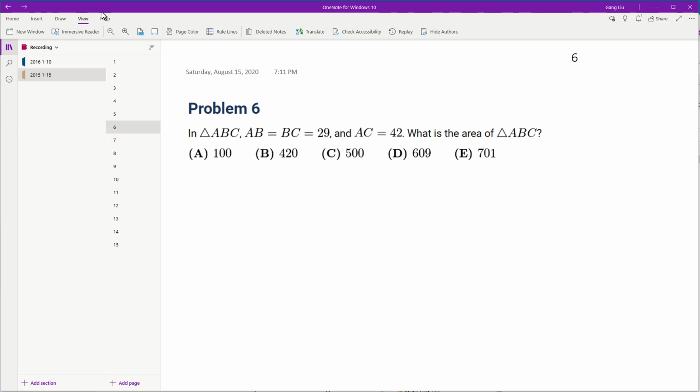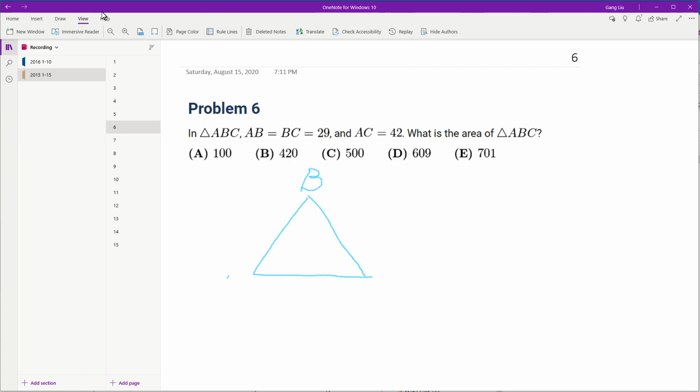Problem 6. In triangle ABC, AB equals BC equals 29 and AC equals 42. What is the area of ABC? So this obviously is an isosceles triangle.